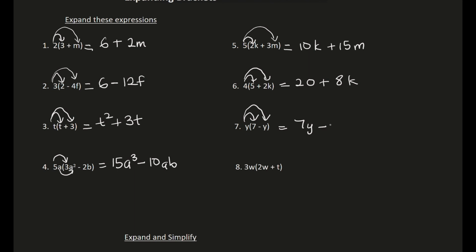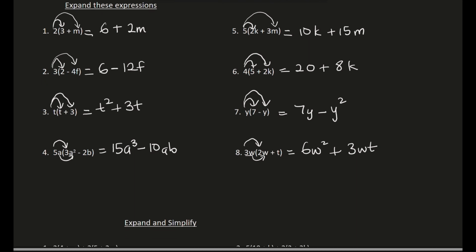So I have y times y, that gives me y squared. And our last question here, we have 3 times 2, that gives us 6. And then w times w is what? w squared. Then I have 3w, the whole of 3w times t, that gives me 3wt, or 3tw.